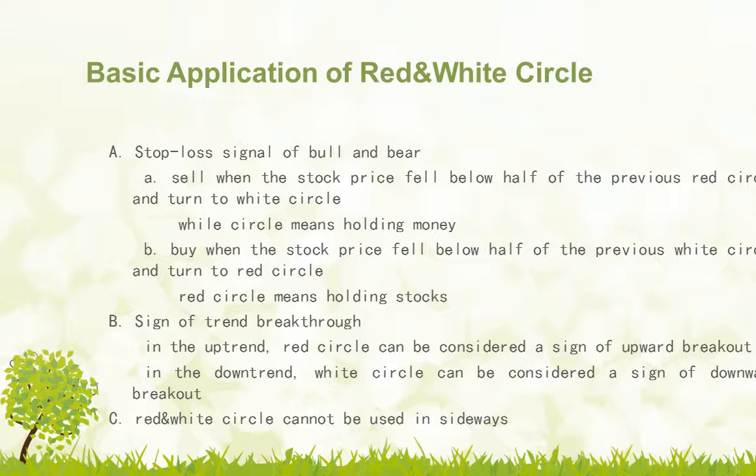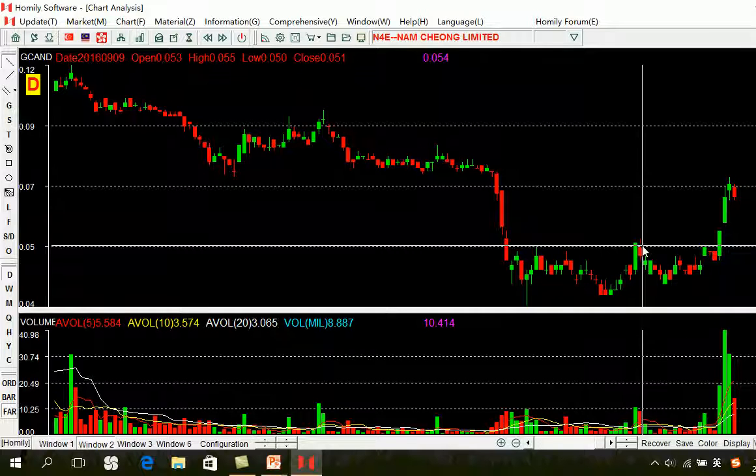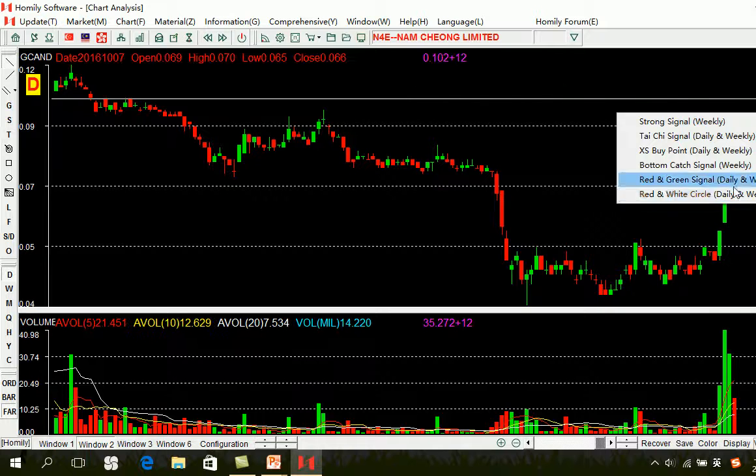The basic application of the red and white circle. The first one, the stop loss signal of bull and bear. Okay, so the first one: sell when the stock price falls below half of the previous red circle and turns to a white circle. So if you see, let's see the circle.